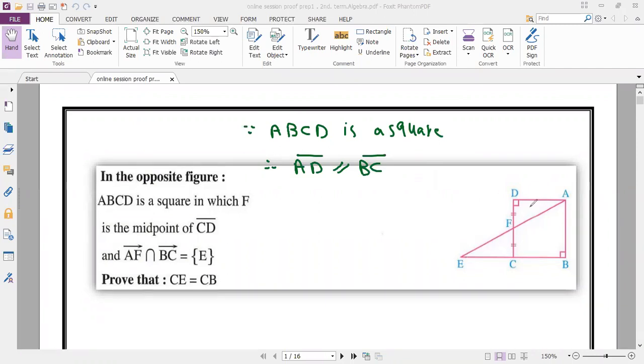From that, you'll find this angle is equal to this angle because they are two alternate angles. So from parallelism, measure of angle DAF is equal to measure of angle E, because they are two alternate angles.